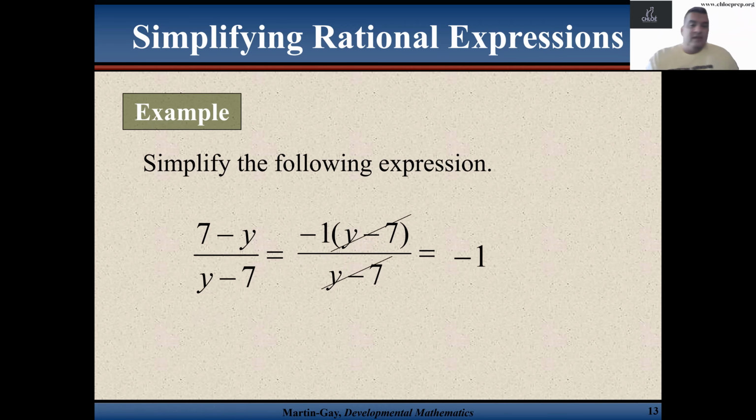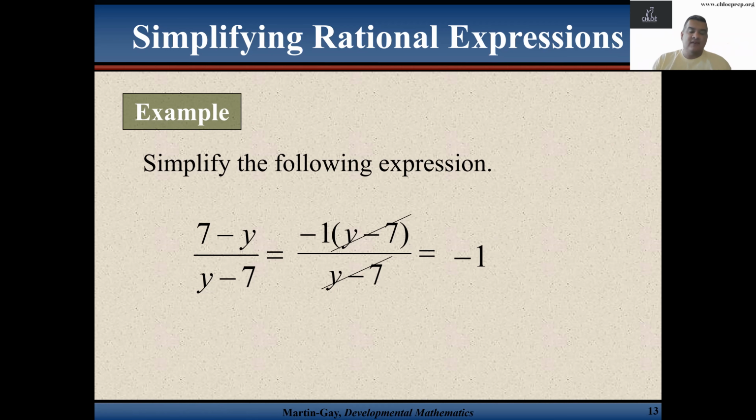I do want to take a moment to tell you another trick that we use a lot, and we kind of did a version of it in the homework example. This comes in very handy: creative ways of making 1. Remember, if this were an equation, we can do anything we want as long as we do it to both sides.